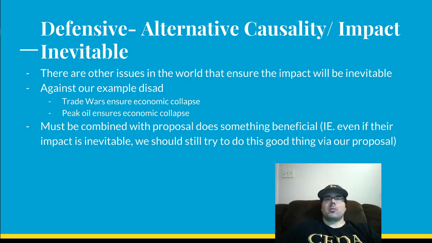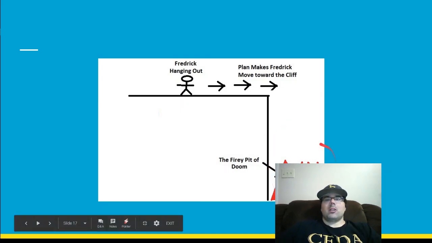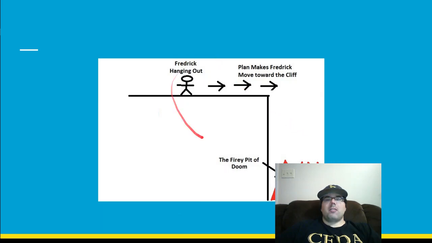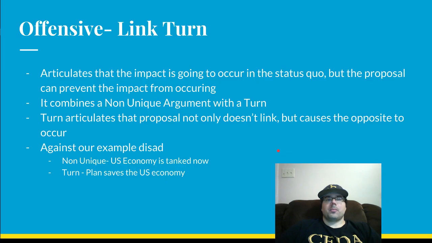So it shouldn't factor into your analysis. So in the diagram here, what an impact inevitable argument says is that Frederick is going to fall into this pit no matter what, and there is nothing that can be done to prevent Frederick from falling over the cliff.